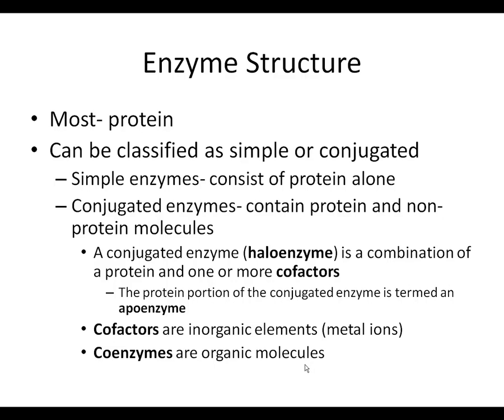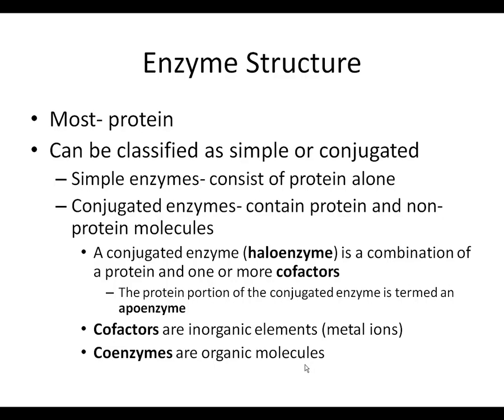The protein portion of a holoenzyme is called an apoenzyme. So when you see in your book that it's talking about apoenzymes, you know you're talking about a conjugate enzyme where you have an apoenzyme, the protein portion of that conjugate enzyme. For these holoenzymes, you're going to have one or more cofactors or coenzymes bound to this protein.